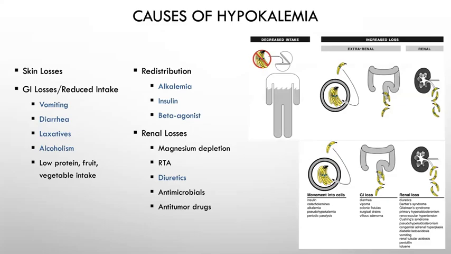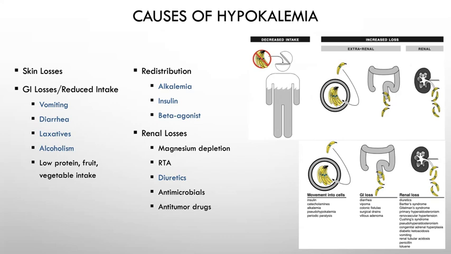Decreased intake of potassium is a rare cause of hypokalemia because almost all diets are rich in potassium. If hypokalemia is caused by decreased intake, that usually means that the patient is overall malnourished. This can be seen in patients with eating disorders, alcohol use or abuse, or general lack of food.